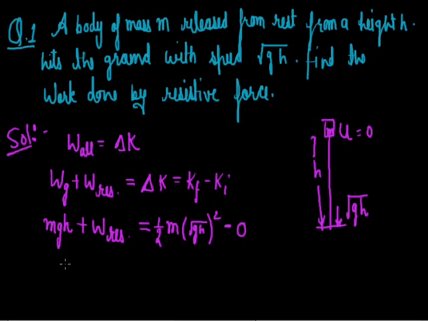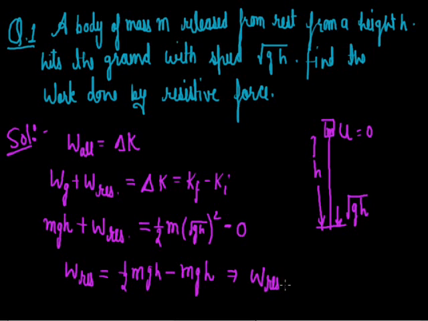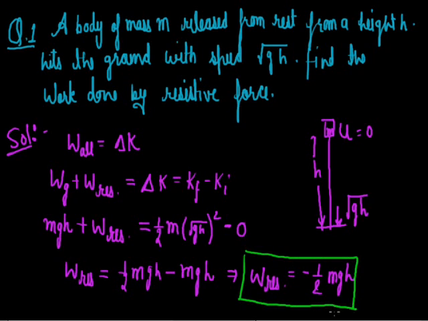Now work done by resistive force will be half mgh minus mgh, which equals minus half mgh. So this is the answer: work done by resistive force equals minus half mgh.